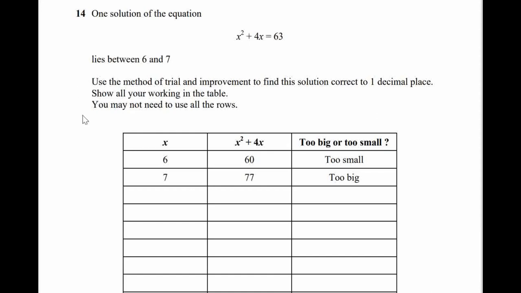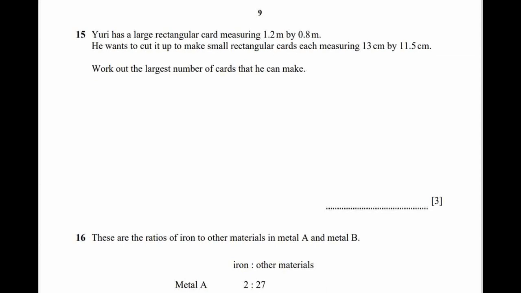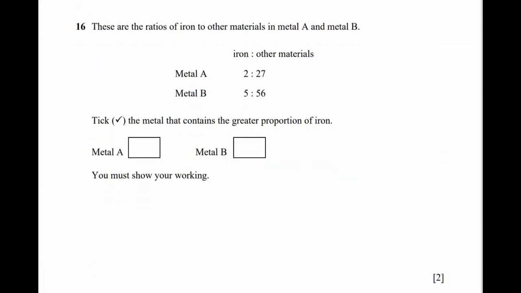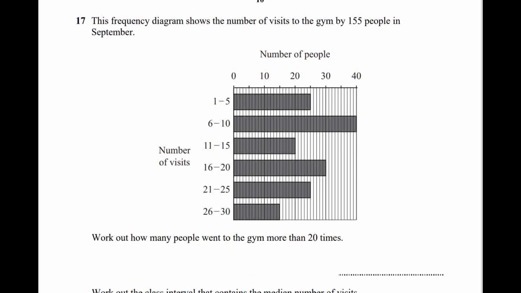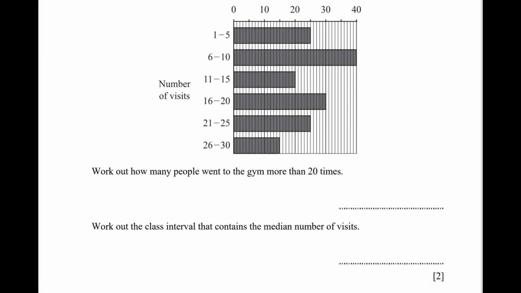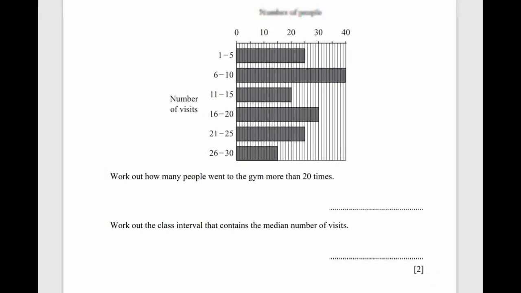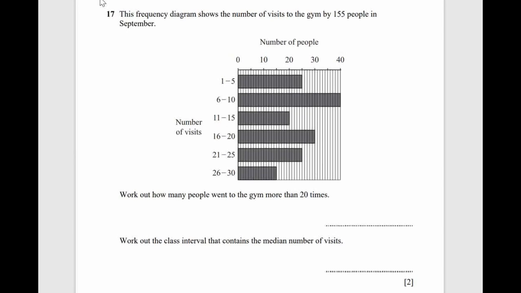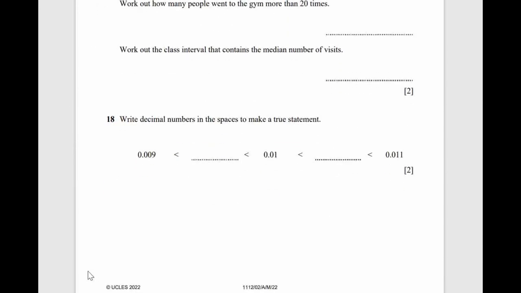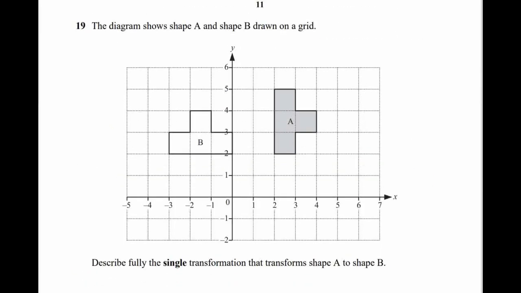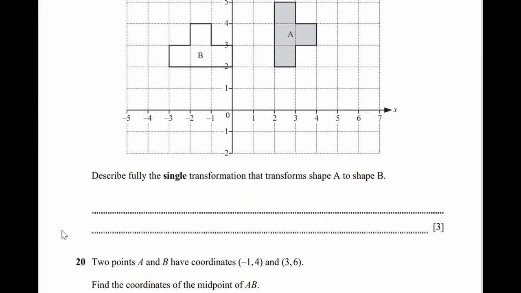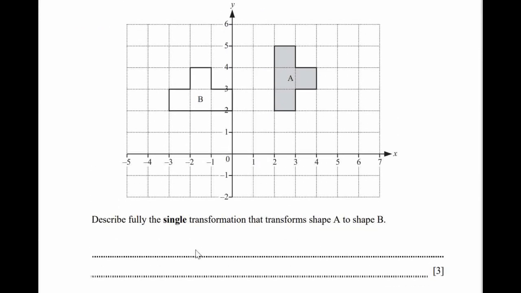This is the table for question 14, and this is question 15, followed by 16 and 17. Let me zoom out to show the whole of question 17. This is 18, followed by 19, the graph and pictures for question 19, and question 20.